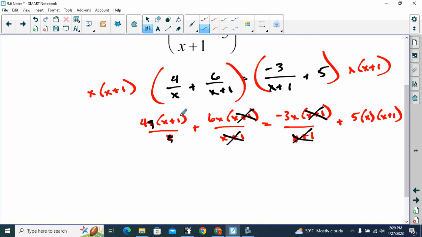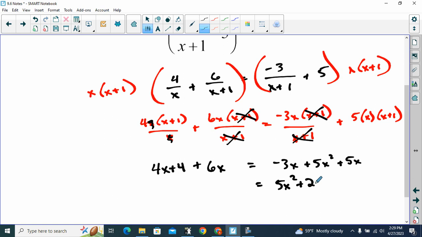I'm going to distribute this 4, and distribute this 5x. Combine like terms, and get our equation equal to 0.